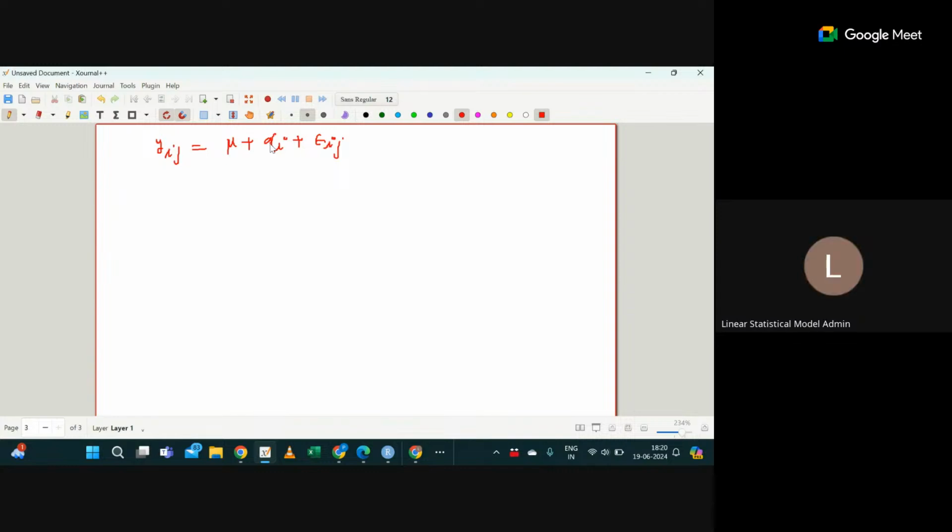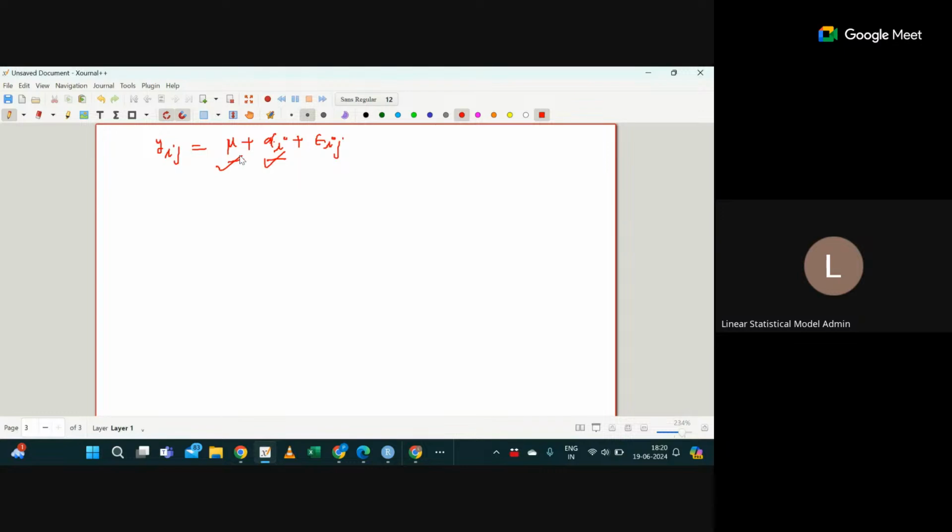Now, normally, as you may recall from machine learning concepts, suppose I want to estimate this alpha_i or mu, then what is our approach generally?